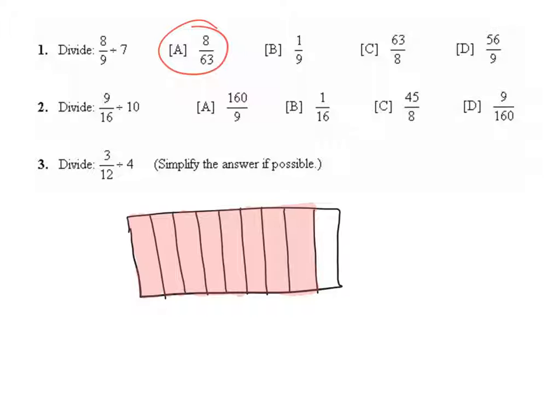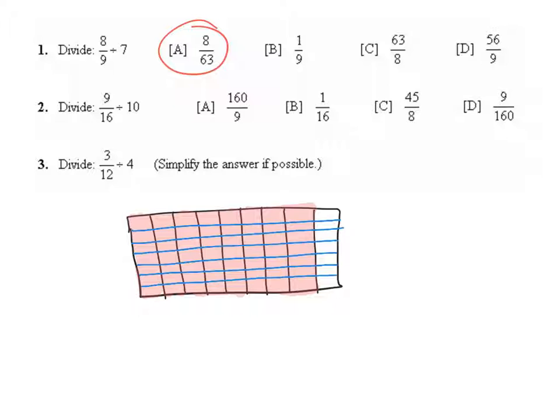Now, if I want to divide these 8/9 by 7 wholes, it means I want to find 1/7 of them. So what I'm going to do is split them into 7 parts. 1, 2, 3, 4, 5, 6, 7.